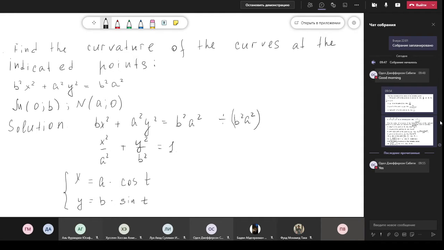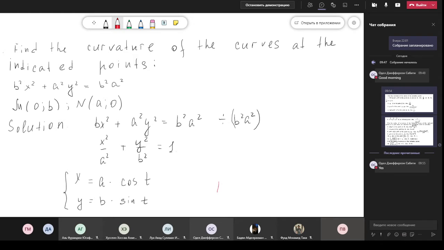And as I gave you in the lecture, in the theoretical part of our classes, I gave you the formula of curvature.